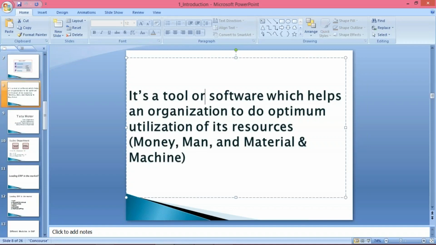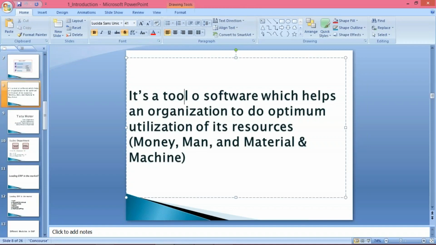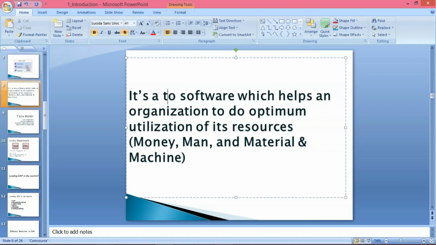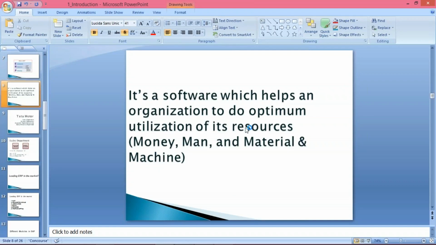If tool is going to be confusing, I'll just make it a software, so it will be easy for you to understand. It's a software which helps an organization to do optimum utilization of its resources. Optimum utilization means maximum utilization of resources. ERP is nothing but a software which helps an organization to do maximum utilization of its resources.